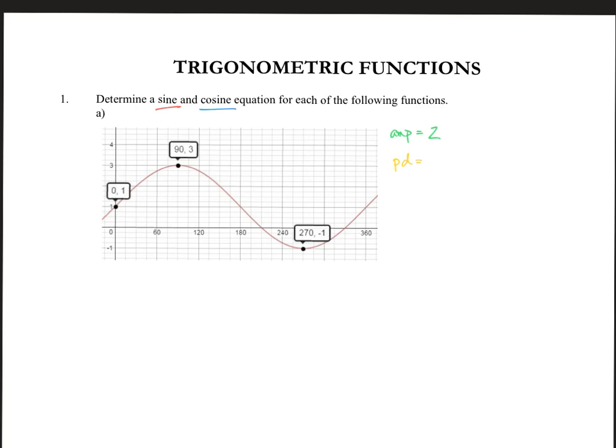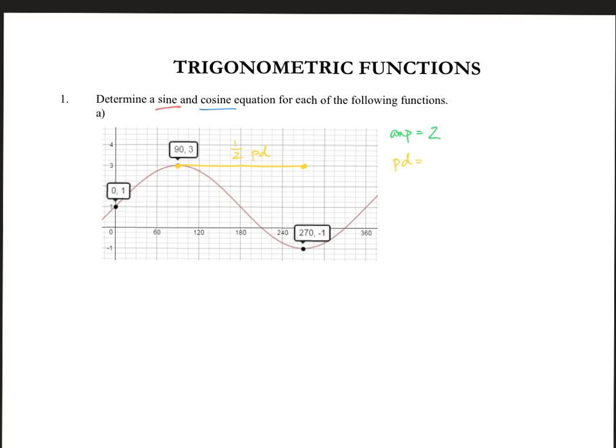For us, what we can do is examine the distance from the max to the minimum. We should be good that on any one of these periodic functions, my distance from my maximum to my minimum must always be half the period, because to complete the full cycle of that graph, I would then have to return back to its max.